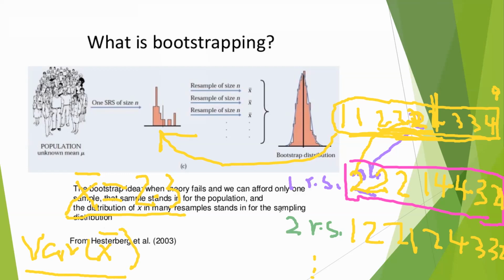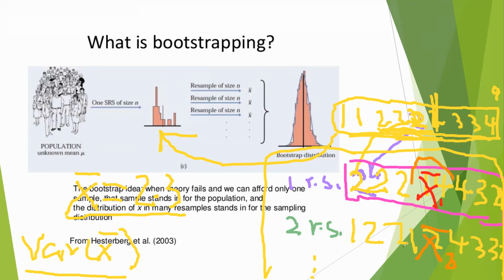So that's why smart people invented this method, the resampling. Once you have a lot of resamples, for each resample you can calculate an X bar for this one, and X2 bar for this sample.